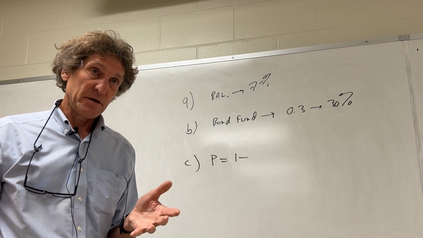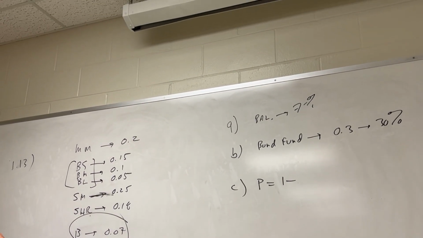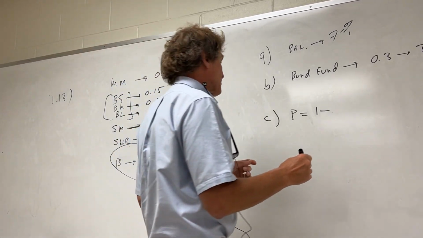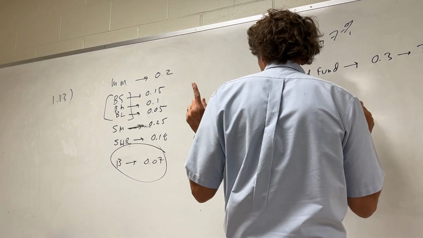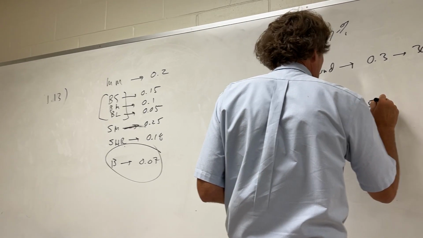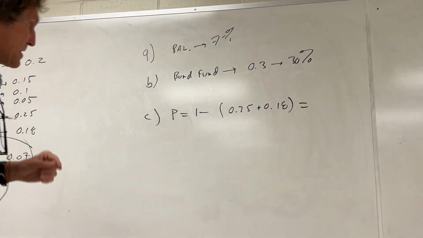What are the stock funds? High risk stock is 18% and moderate risk stock is 25%. So it's 1 minus these two. I think he has a wrong answer in the book, or he shows a wrong mathematical operator. So it's 0.25 plus 0.18. Is that right, class? What is that? That's going to be 0.75.